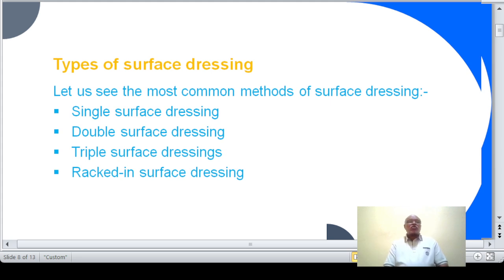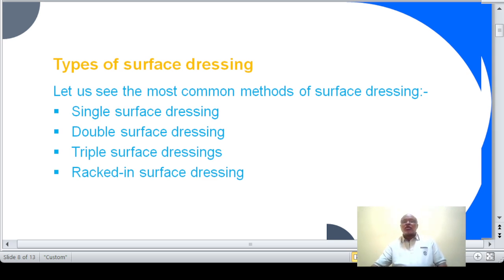Although it cannot contribute to the overall thickness of the surface, the combination of binder and sand provides a useful growing medium for the chippings of the first seal and helps to hold them in place more firmly when they are poorly shaped. A slurry seal may also be used for the same purpose.